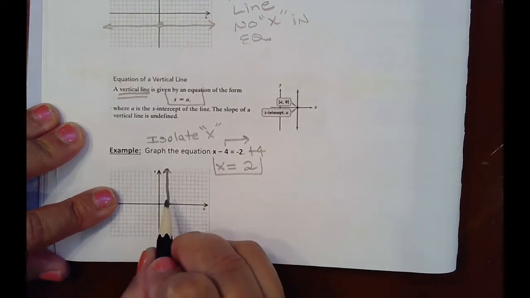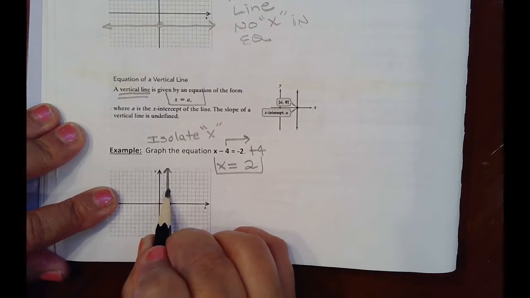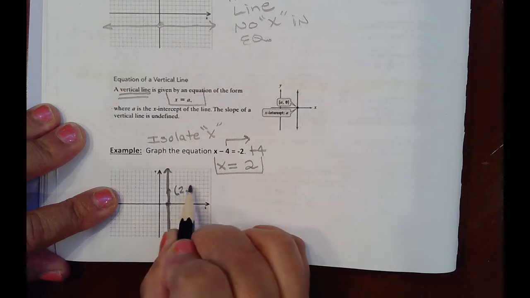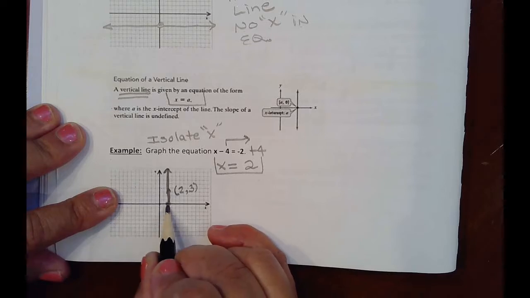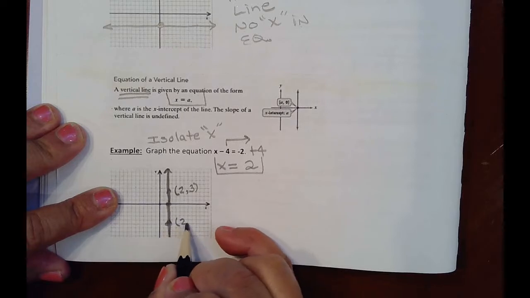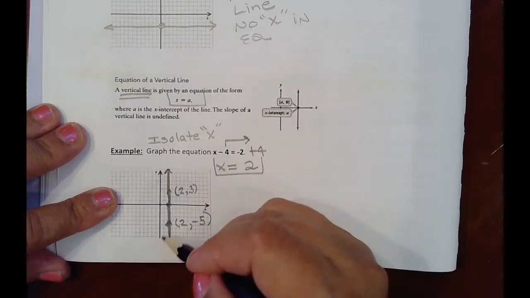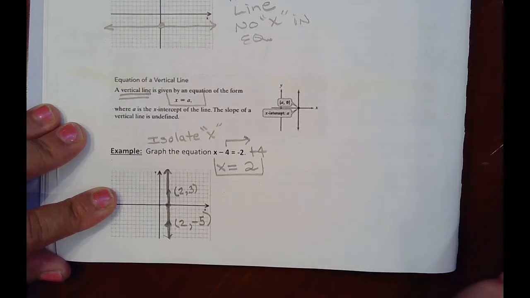For instance, if I was to draw a point right here, this point that's up in the air 3 units is (2, 3). If I was to plot this point right down here, that's 1, 2, 3, 4, 5. You're at negative 5 right here, but still the x-coordinate is 2. So once again, on a vertical line, any point that you pick will have the same x value.